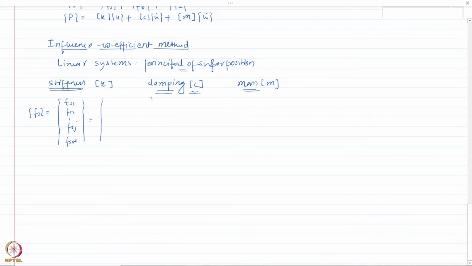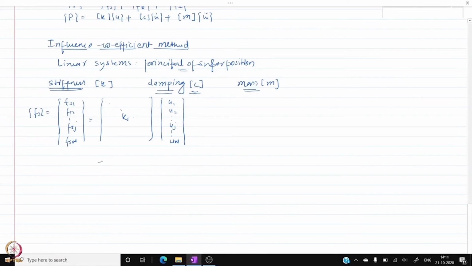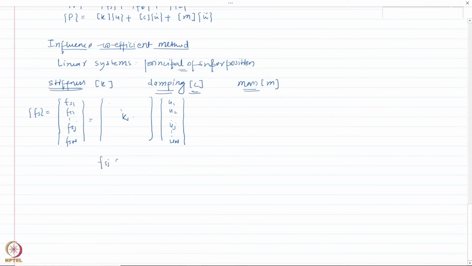This equals the K matrix times U1, U2, Uj, up to Un. So this is how we write our Fs vector, and the stiffness matrix elements are here. Our goal is to relate the external force Fsj to Uj, and whatever coefficients we get constitute this stiffness matrix.